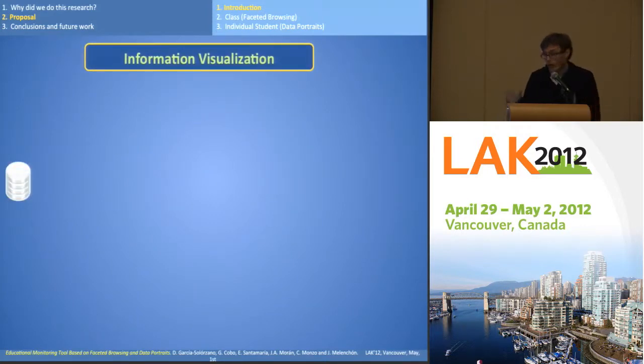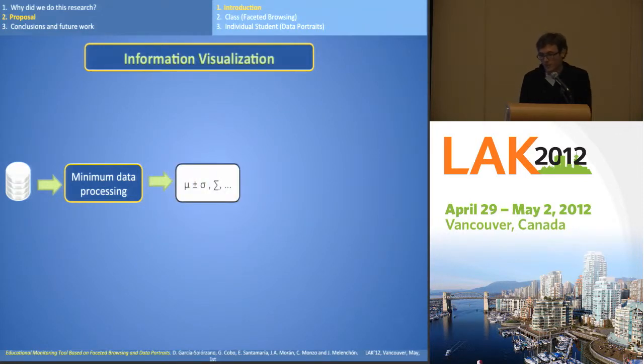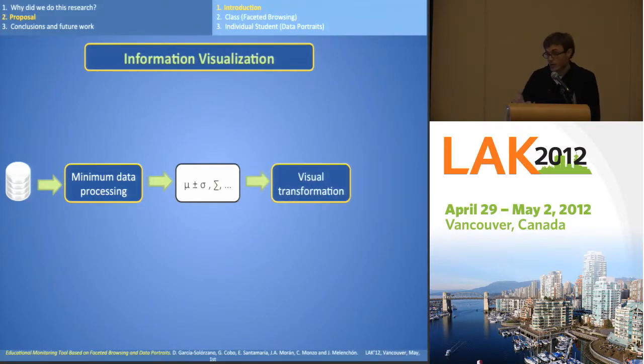First of all, we have all the information in a database, for example, logs. And the idea is to process this data with minimum cost. The result is simple statistics, means, the mode, etc. With this information, we transform it into visual data, for example, a bar chart.